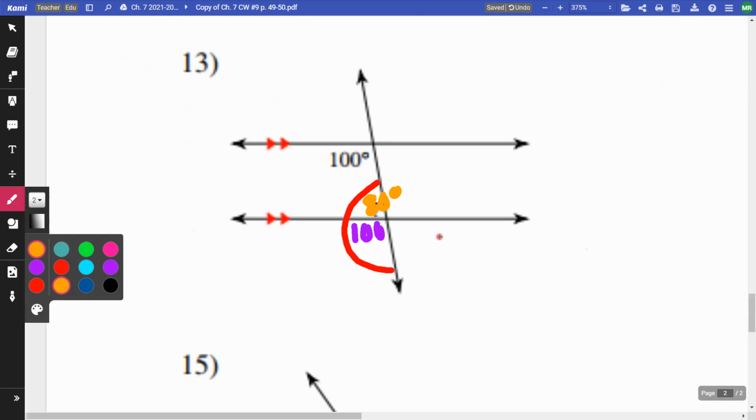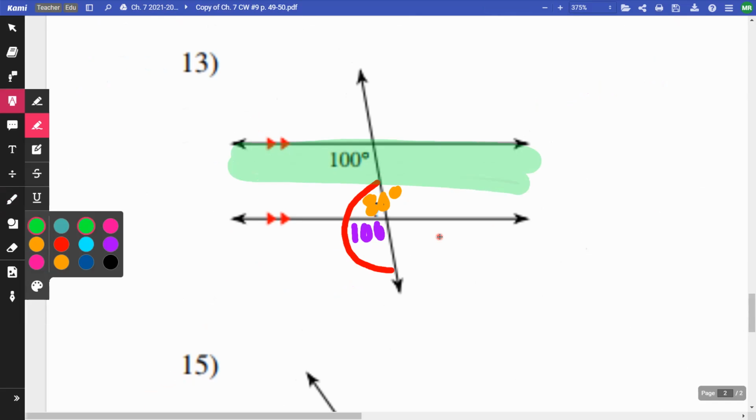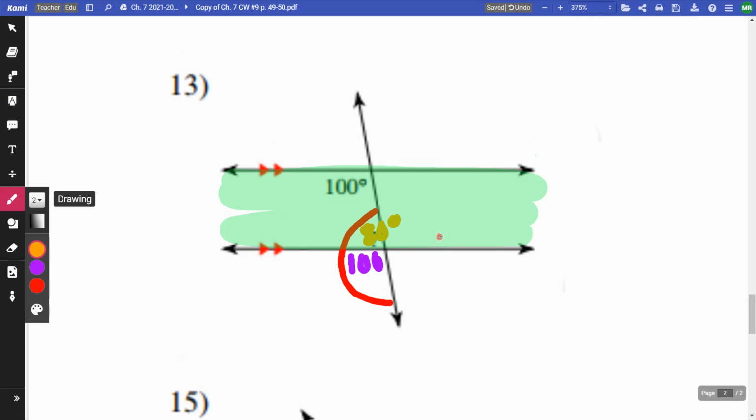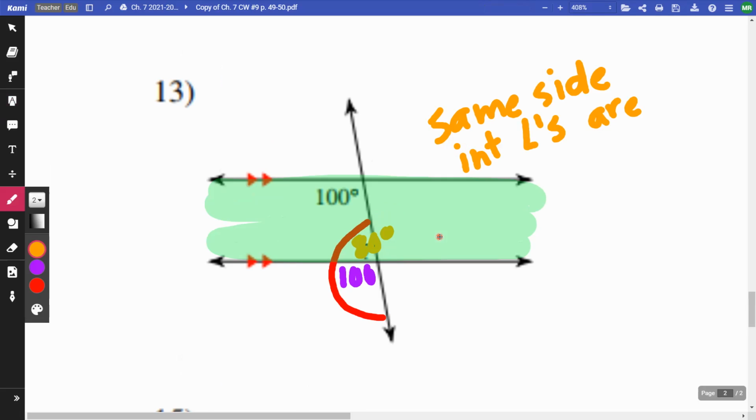Another way to think about this, these are interior angles, 100 and the one I'm looking for. And they're on the same side, they're not alternate interior angles. So you have something called same side interior angles. And they're not congruent, they are supplementary. They add to 180.